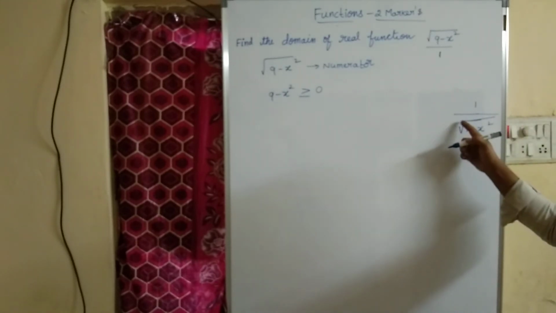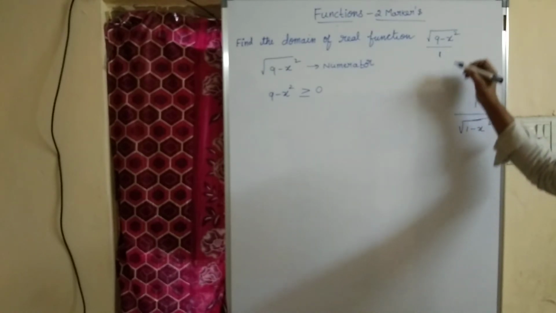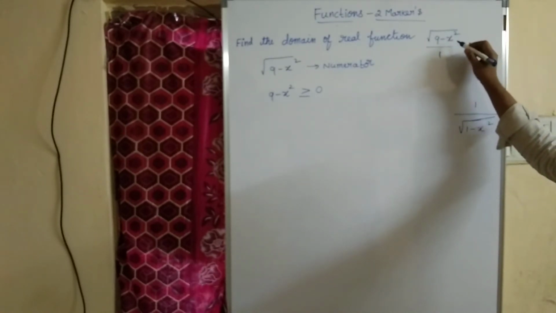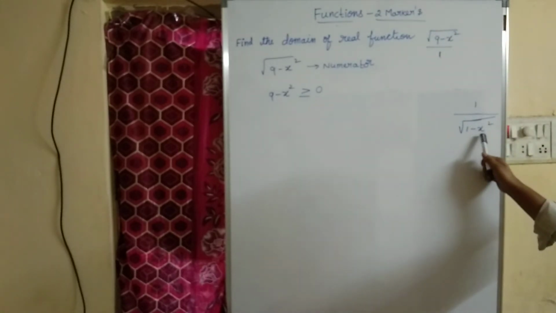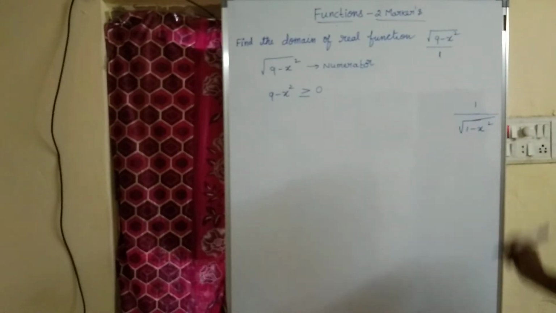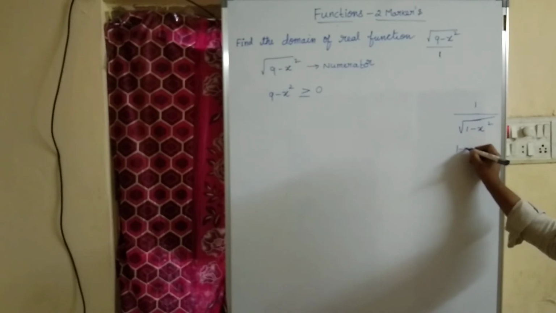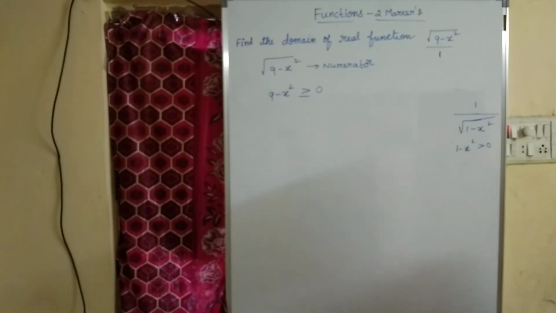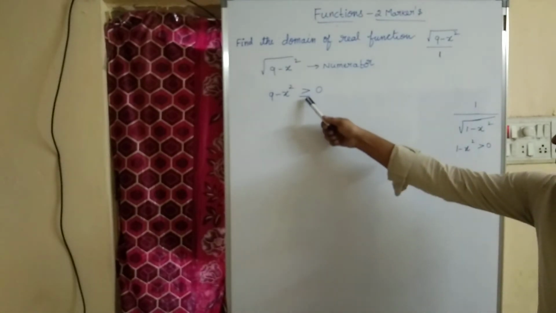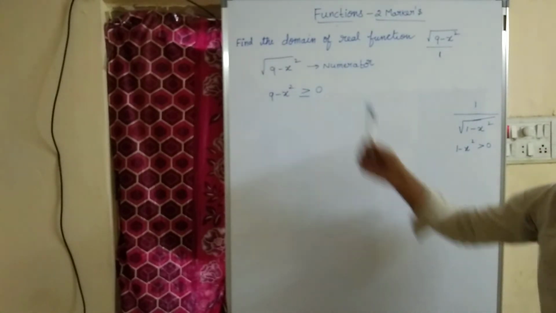Did you understand the difference between this question and this question? Here the expression 9 minus x square, which is under the square root, is in the numerator. But here the expression 1 minus x square is in the denominator. If it is in the denominator, then 1 minus x square must be greater than 0.